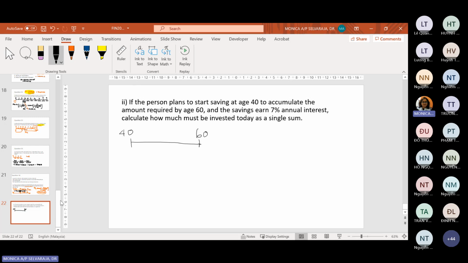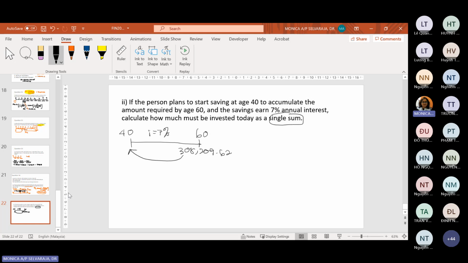So at 60, I need 308,209. I need this amount. So if the person starts saving at 40 to accumulate at 60 at an interest of 7%, then how much must be invested today as a single amount? Single lump sum. So what's the amount that you need to invest today?